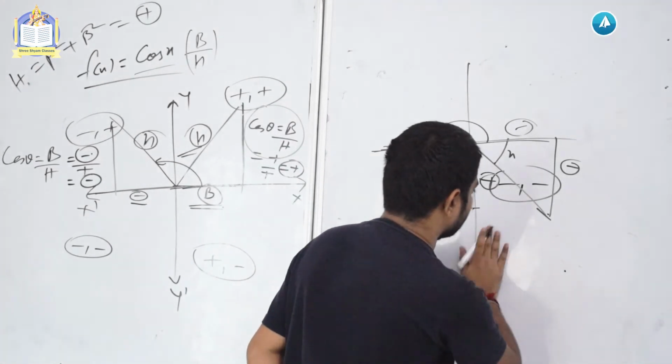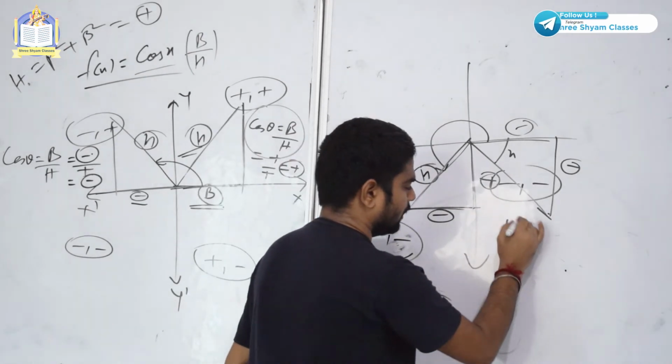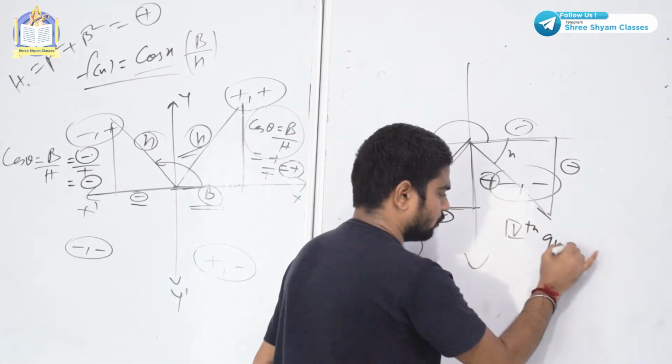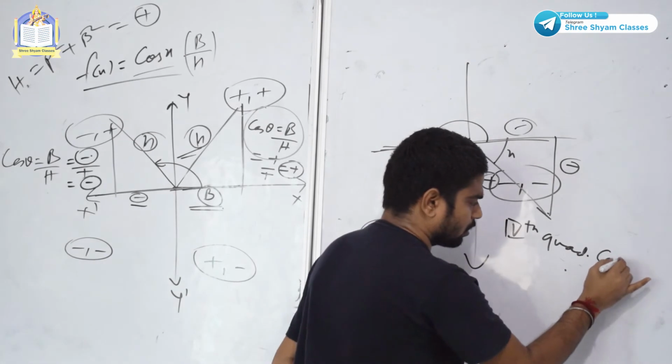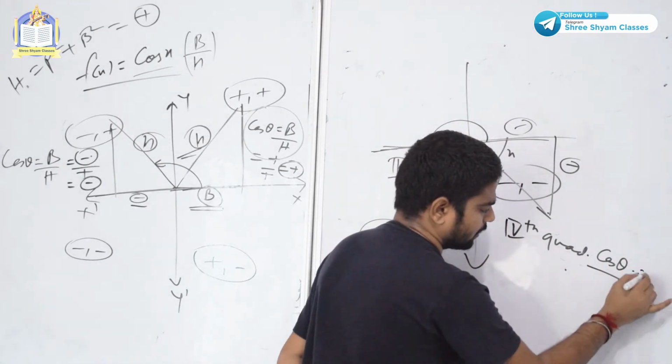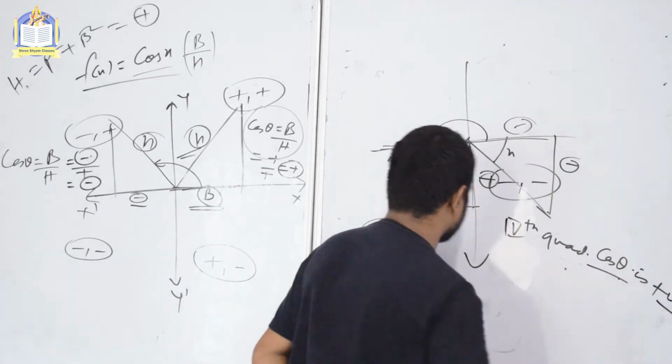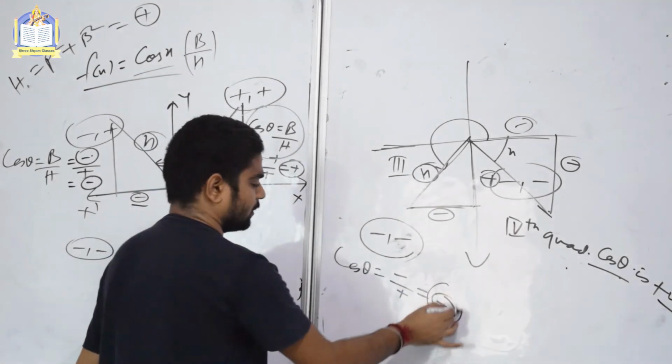We have another concept, but here in the fourth quadrant cos theta is positive, right? In the fourth quadrant cos theta is positive. In the third quadrant cos theta is negative.